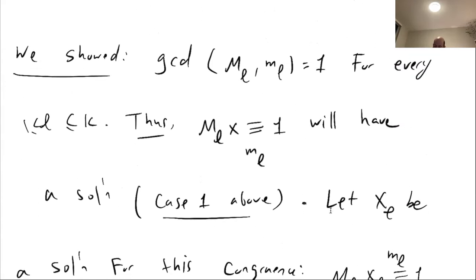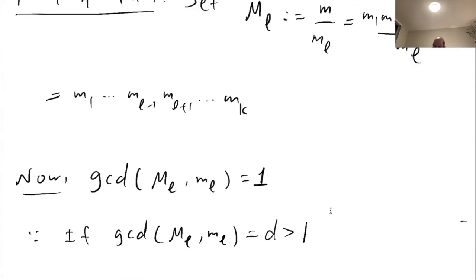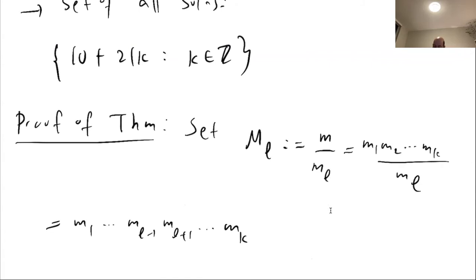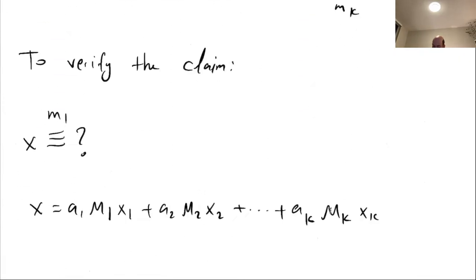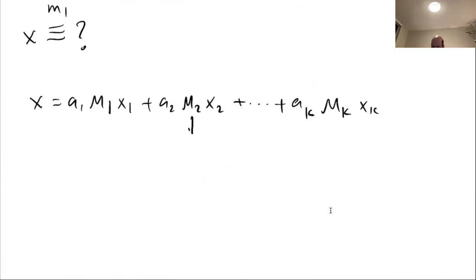Remember how we defined capital ML: the product of all MIs except small mi itself. So capital M2 is M1 times M3 all the way to MK, which is a multiple of M1.